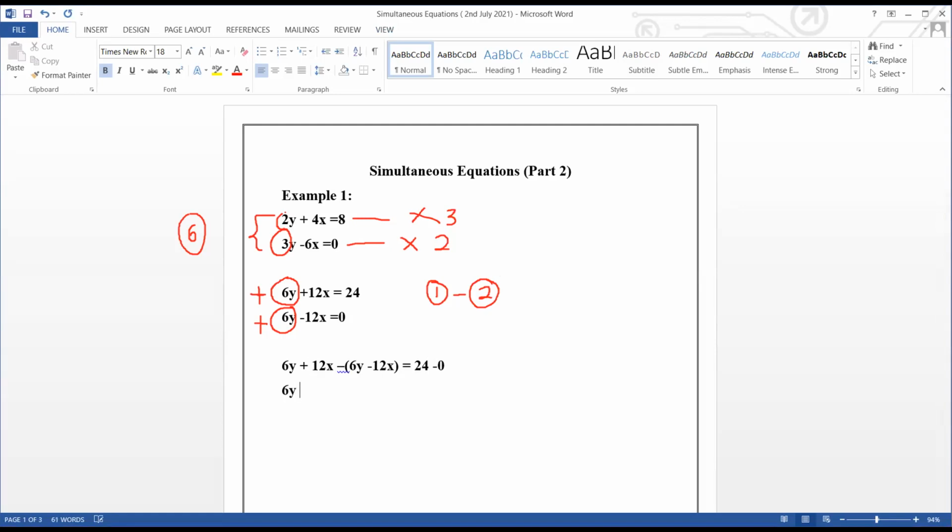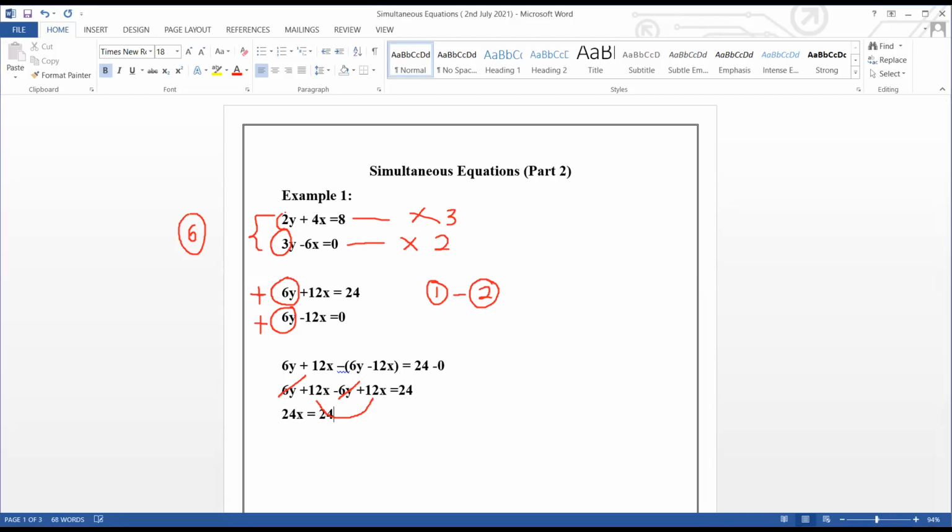Then I'll get 6y plus 12x, minus into positive, you will get minus 6y, then minus into minus, you will get positive 12x. 24 minus 0, you are getting 24. Now I can cancel positive 6y and negative 6y. So when I simplify 12x plus 12x, I will get 24x.